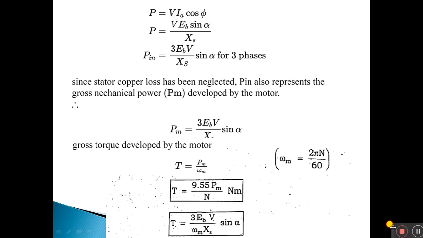So up to this I can stop our discussion. In the next video we will discuss unit 3 of Basic Electrical and Instrumentation Engineering.